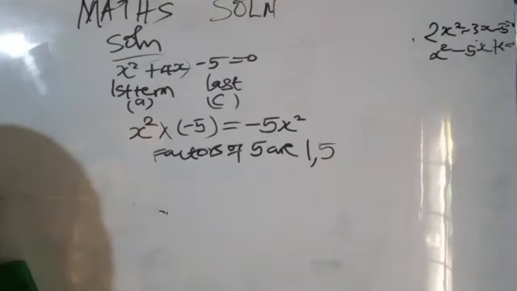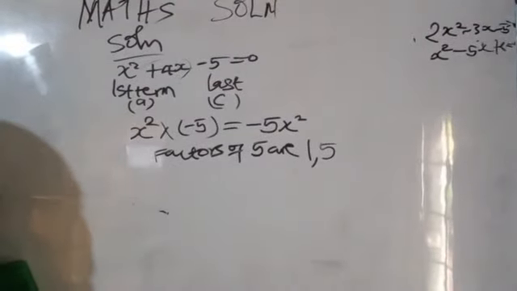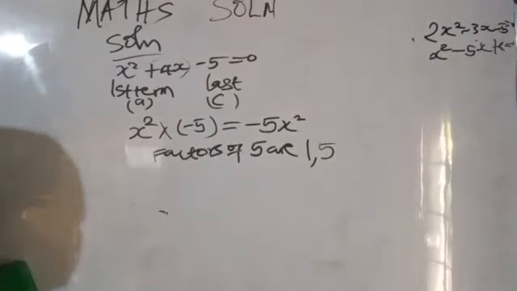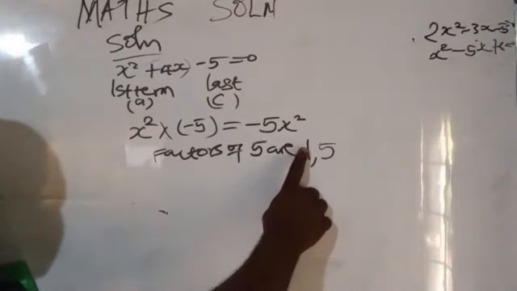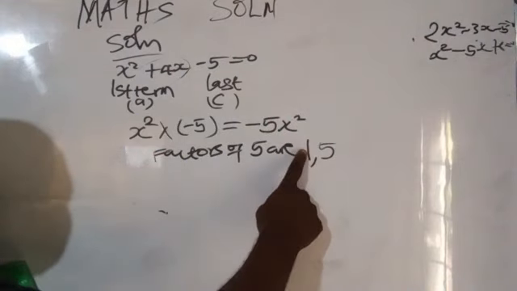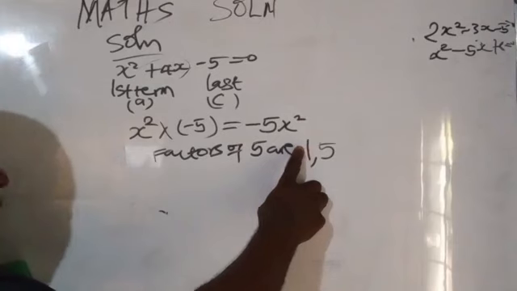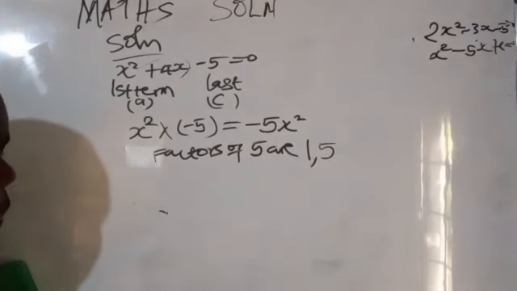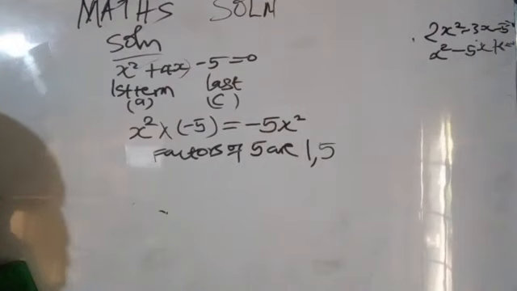But our middle term is plus 4, so we won't go with plus 1 and minus 5. Now we'll check again. We have already got our multiple, but if we say minus 1 plus 5, it is 5 minus 1, and it is going to give us positive 4.